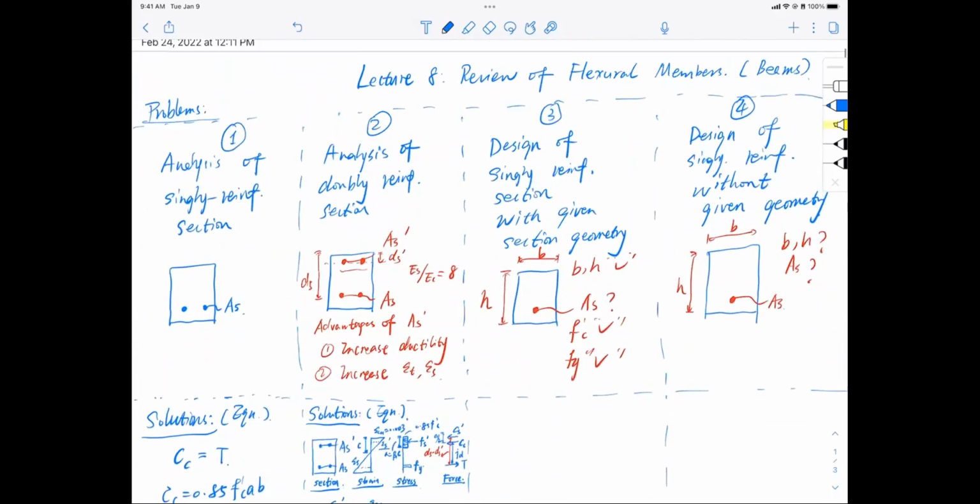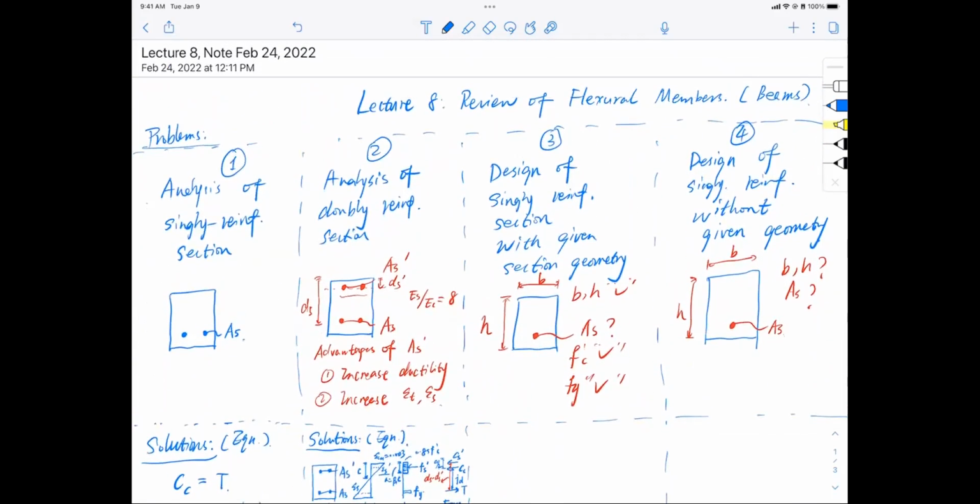You know, just simply analysis. You may wonder, Bob, what do you mean by analysis? Analysis meaning if I give you a section with reinforcement, you need to know how to calculate the moment capacity. So that is so-called analysis.